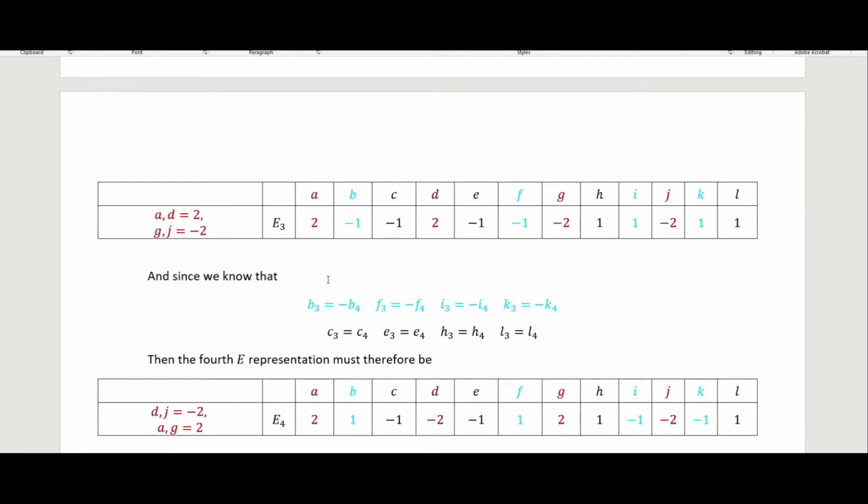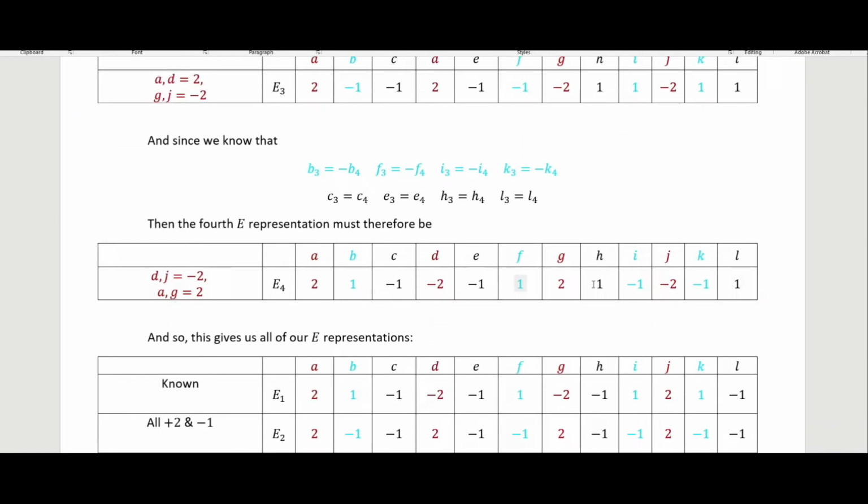So we know that this representation must be equal to this, and since we know that the B, F, I, and K have to be opposite in our other one, that the C, E, H, and L have to be the same, we can just infer from this one here, this one down here.